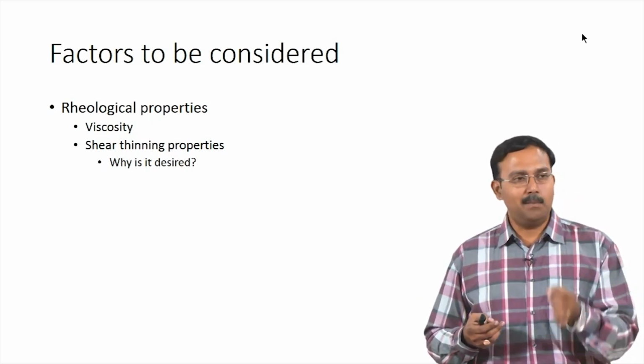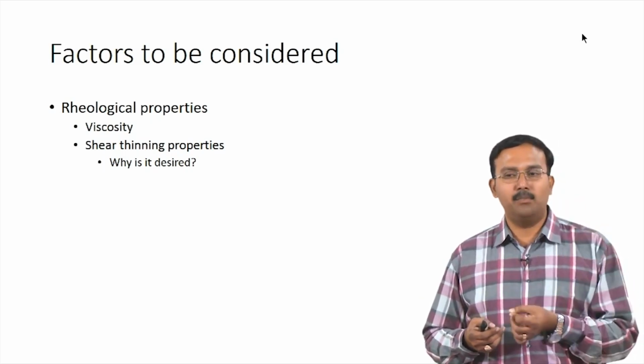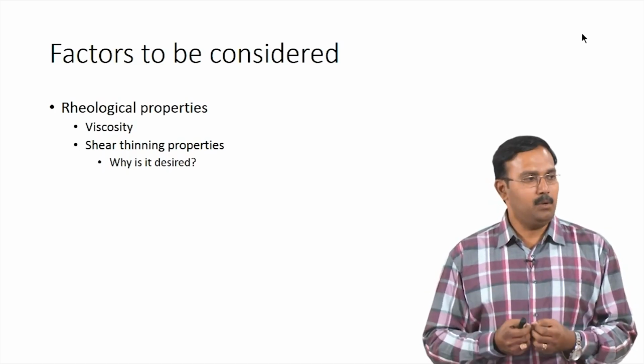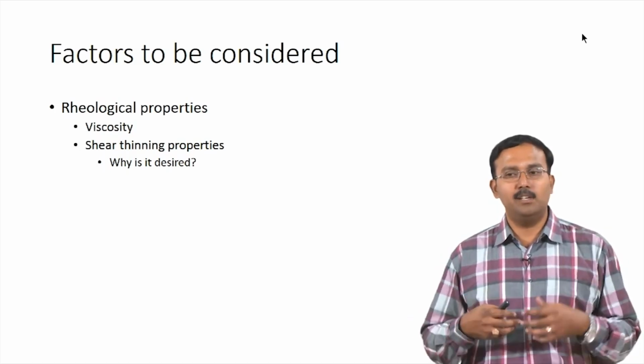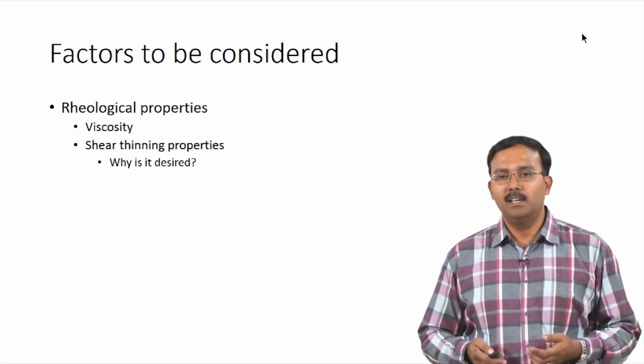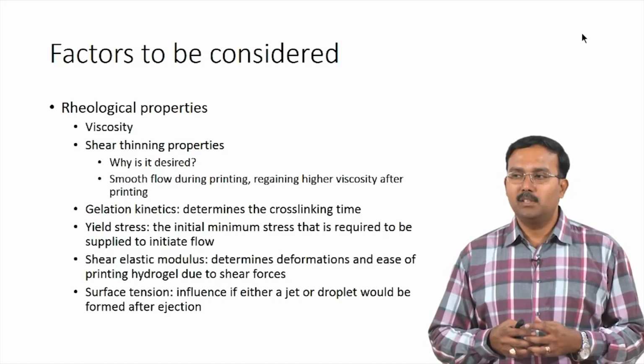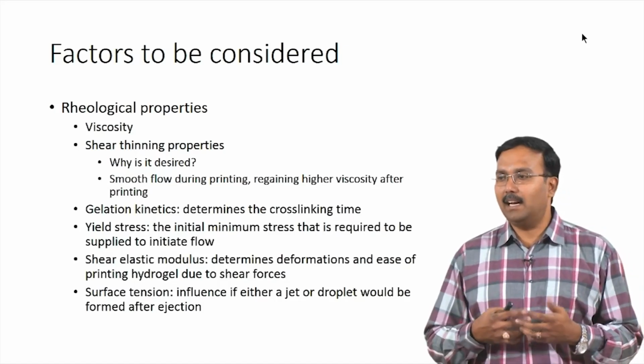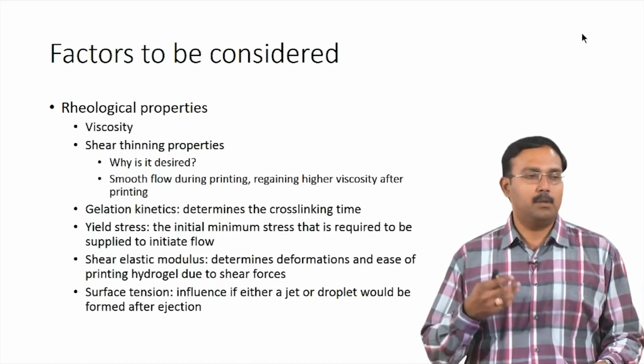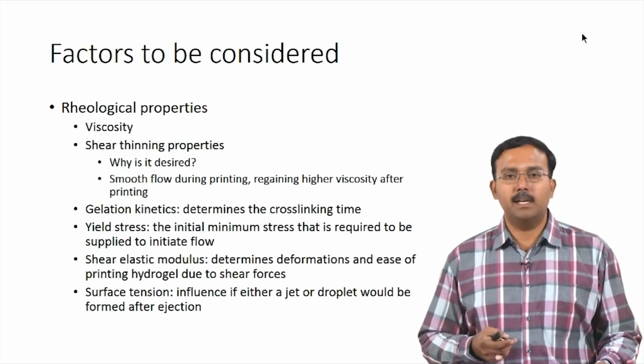So, it will come out with much better fluid flow, and once it comes out, the shear is gone, so its viscosity goes up and it can form its original shape more easily. The viscosity can be regained after printing. That is why people look for shear thinning liquids for printing.